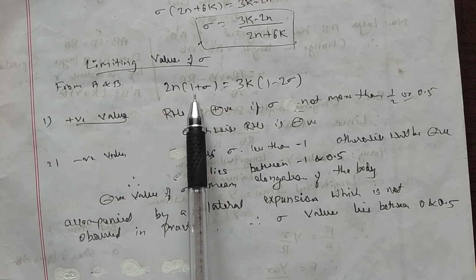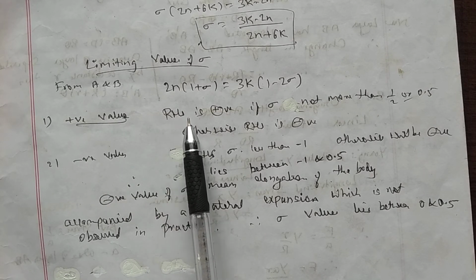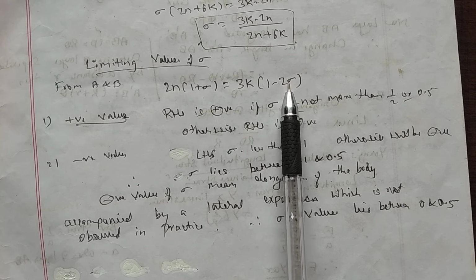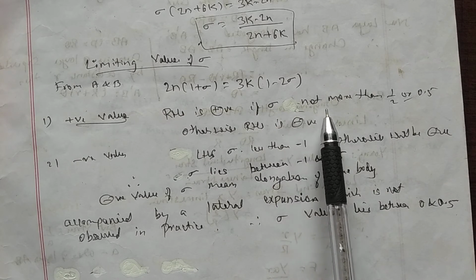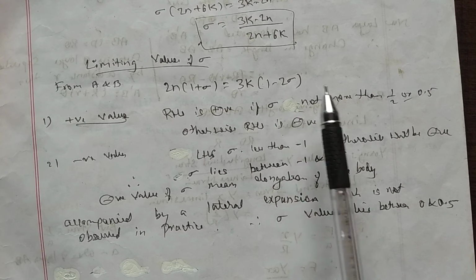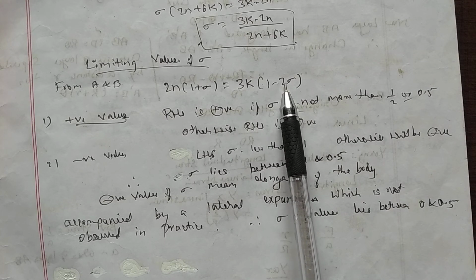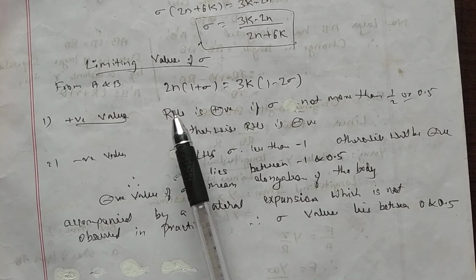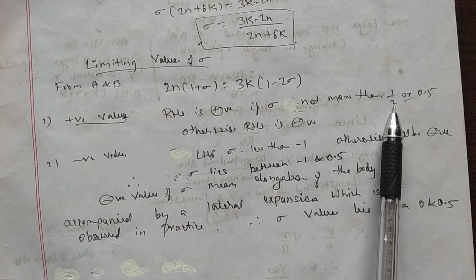The value of sigma is positive when the RHS is positive. When the RHS is positive, the sigma value will be positive if sigma is not more than half, 1 by 2 or 0.5, otherwise this RHS will be negative. Therefore, for sigma to be positive, it has to be less than 0.5.